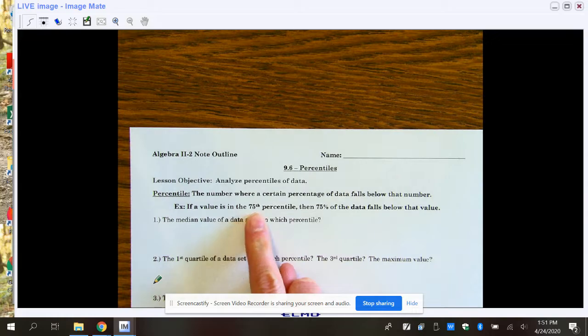So if you're in the 75th percentile, then that means that 75% of the data falls below that. So again, if you're in the 75th percentile for something, let's say a test score, then that means you scored higher than 75% of all the people who took that test.